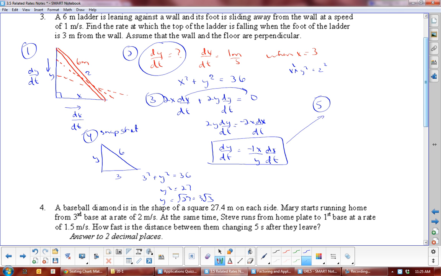So I'm going to put it into this. So dy over dt equals, negative sign was there, negative 1 times 3 times dx over dt, which is 1, all over 3 root 3.